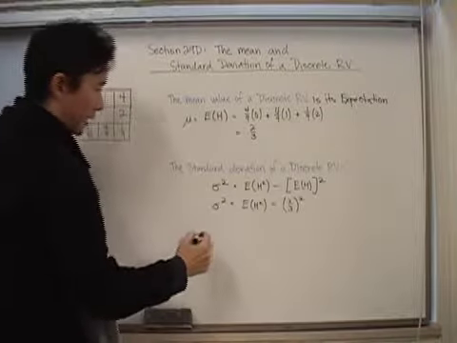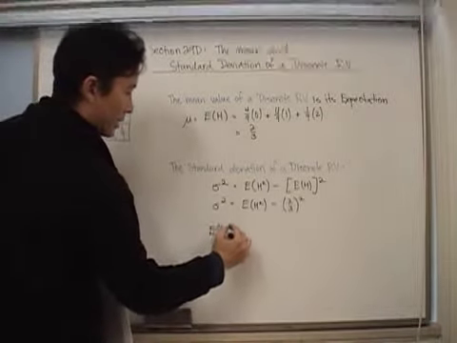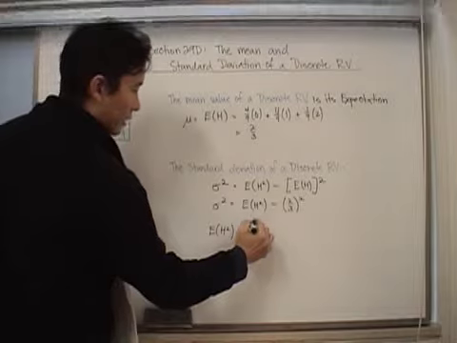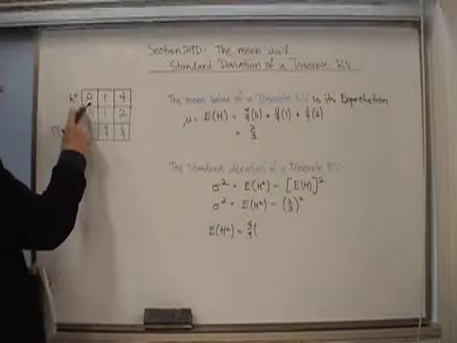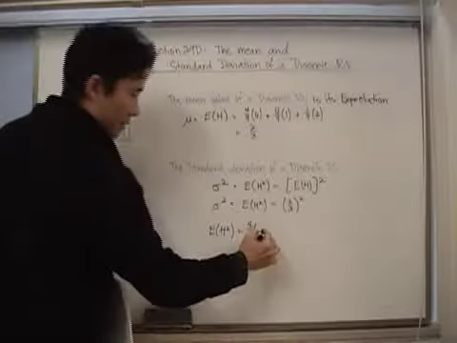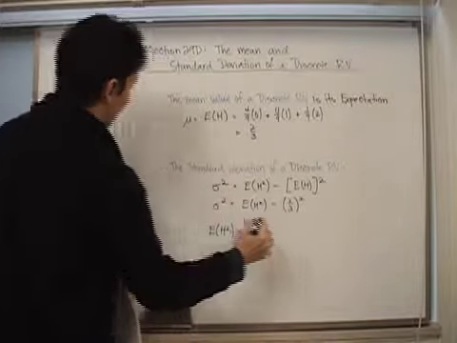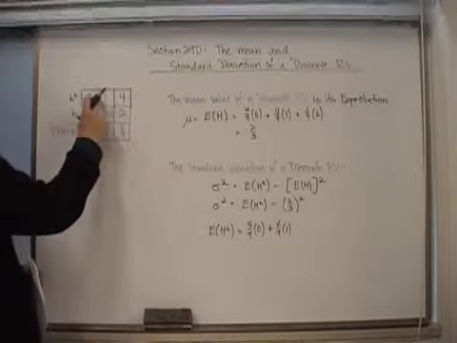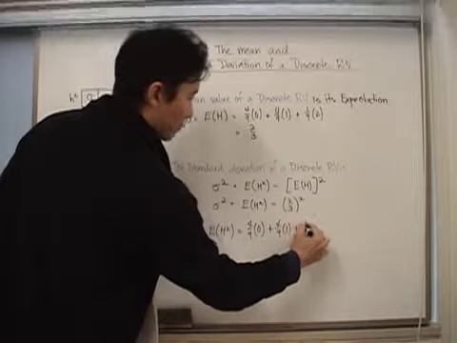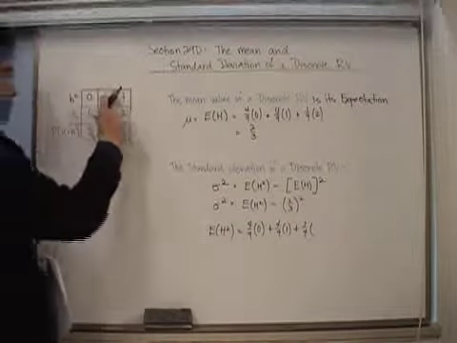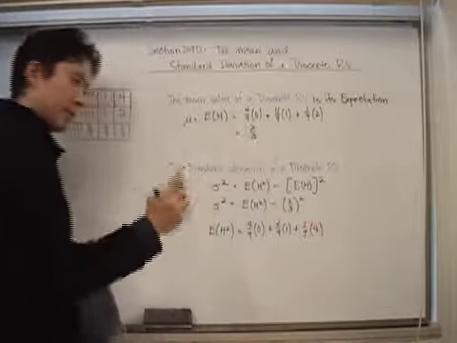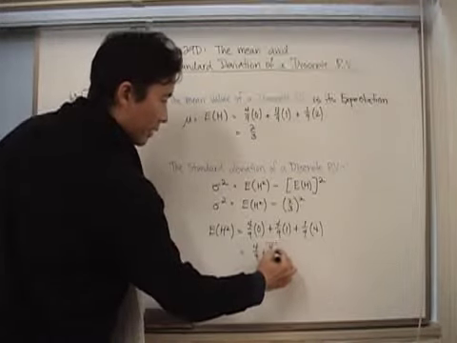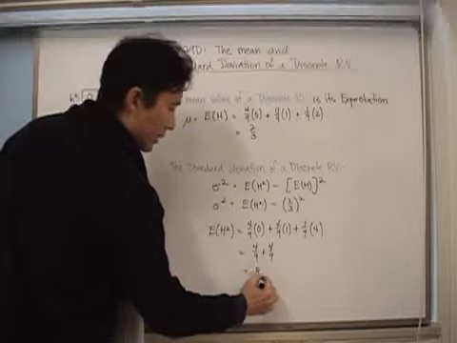So you take the associated probability, which is 4/9 in this case, times the value of h squared associated with it, which is still 0, plus 4/9 times 1, because that's the associated h squared value, plus 1/9 times the associated value for h squared, which is 4 in this case. So notice it's different. What we come out with is 4/9 plus 4/9, which is equal to 8/9.